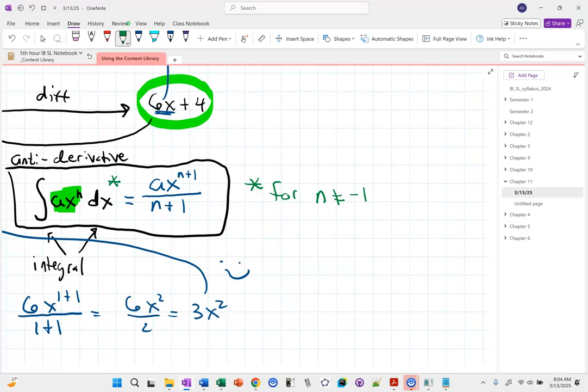So I can integrate a times x to the n for any value of n except for -1 using that rule. For -1, there's a different rule to use. You're not responsible for that one, but I want to point out that there's a different rule. Guess what the antiderivative of x to the -1 is?